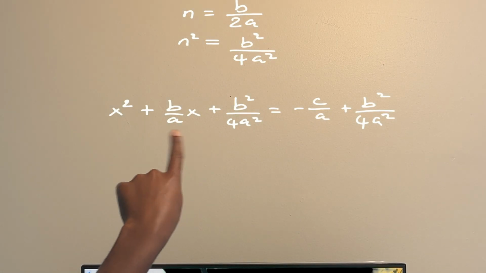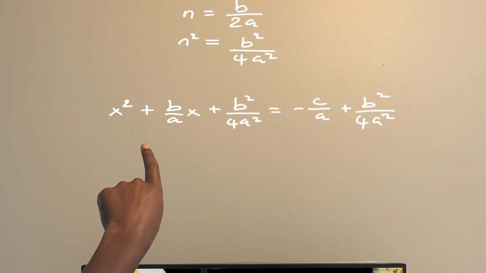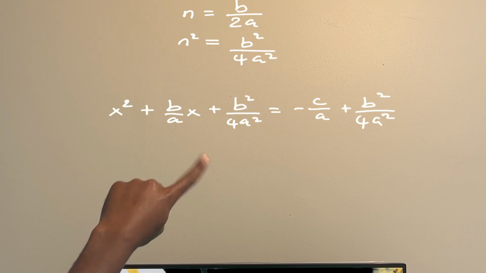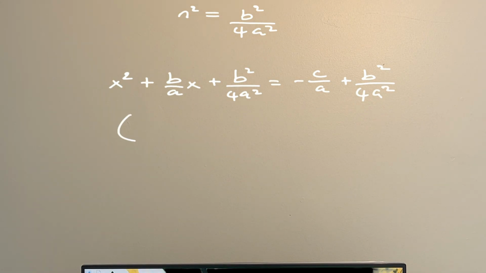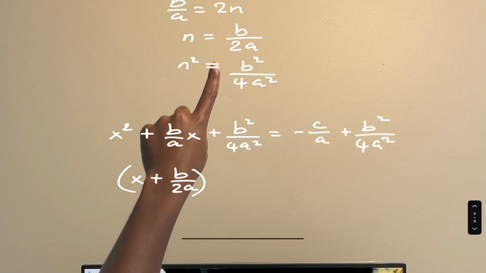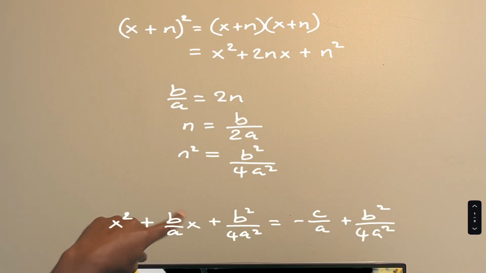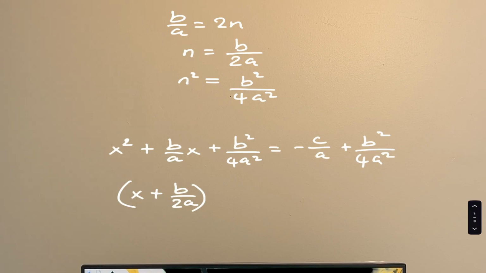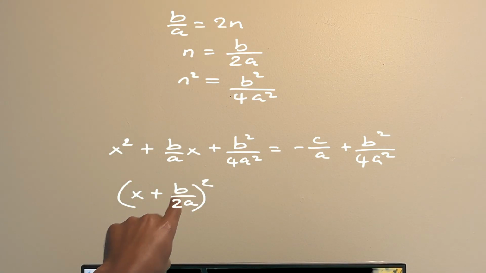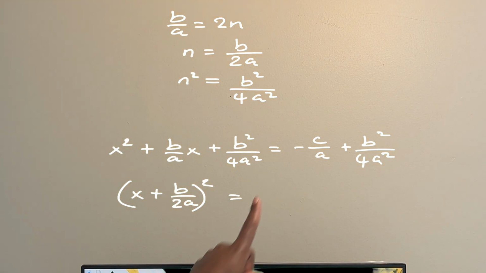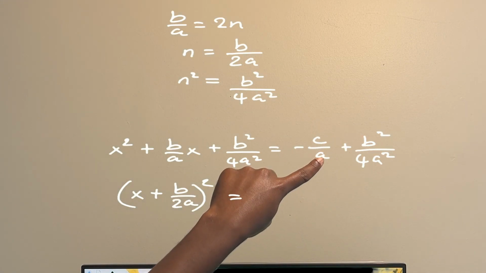Because this is a perfect square, we can write it as x plus b over 2a. Remember, b over 2a is n, and what we're trying to write it as is x plus n. And because it's a perfect square, that's going to equal this side over here.